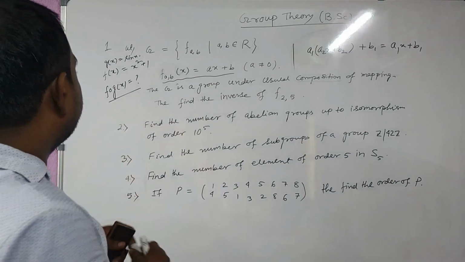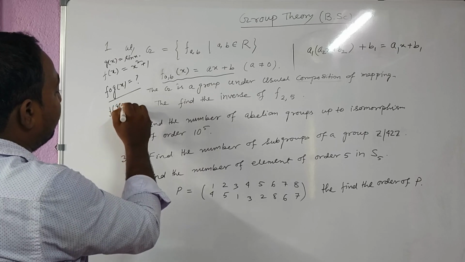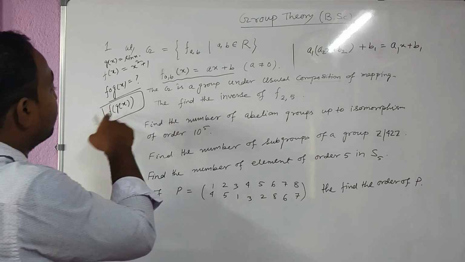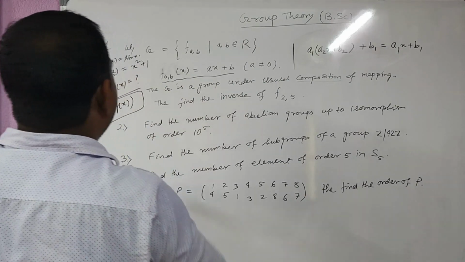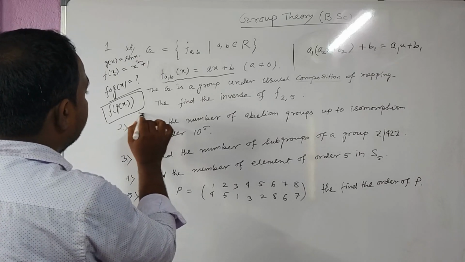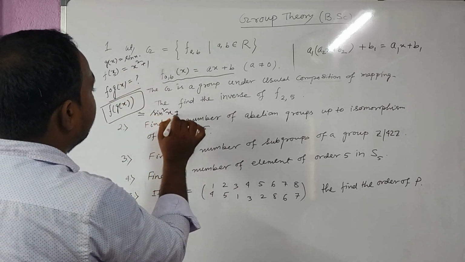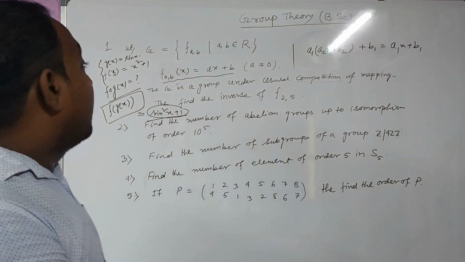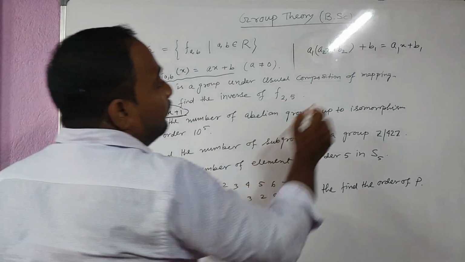To find this composition, we use the definition f(g(x)), which means replace x by g(x). Since g(x) is sin x, this is sin squared x plus 1. This will be the composition of these two functions. Here I have used this concept. Clear?